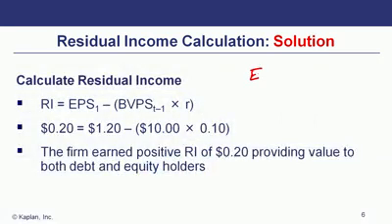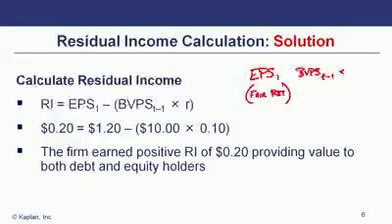So the way I like to think about it is earnings per share minus what I call a fair return, right? And so earnings per share, just so we're clear here, I can also calculate as book value per share at t minus 1, meaning the previous period, times what?